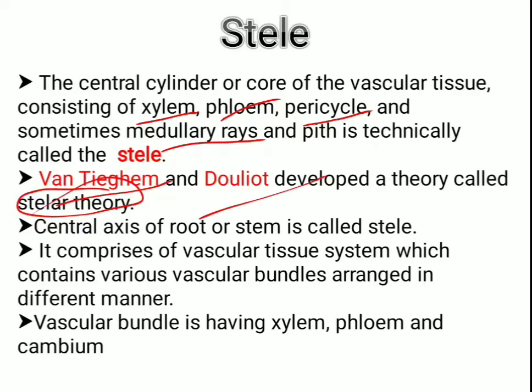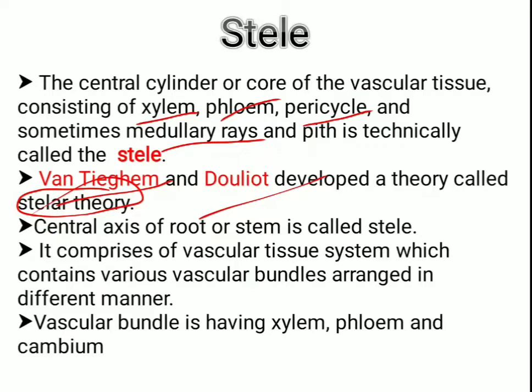The central axis of the root or stem is called stele. It comprises the vascular tissue system, which contains various vascular bundles arranged in different manners. Vascular bundles have xylem, phloem and cambium.